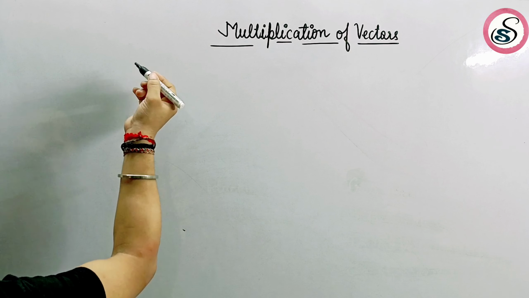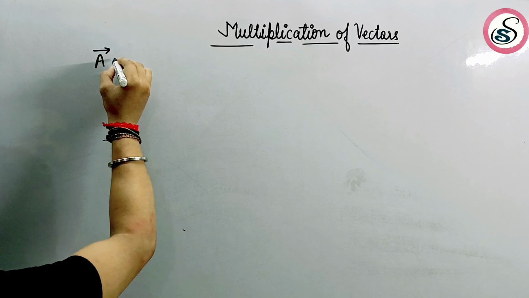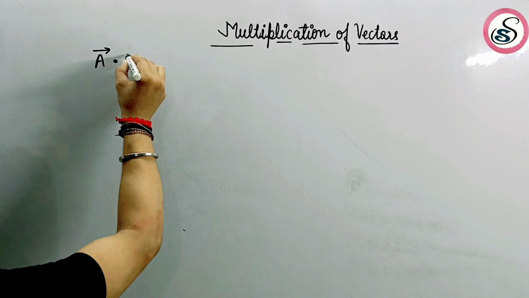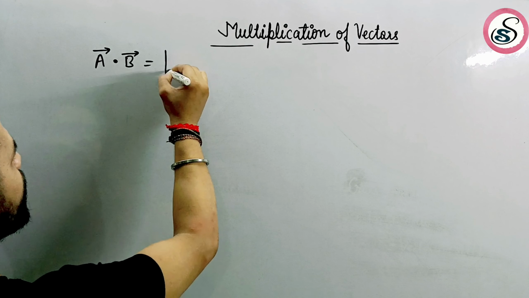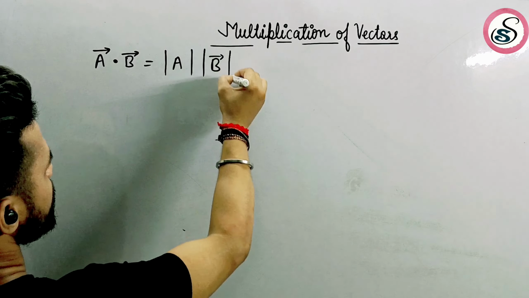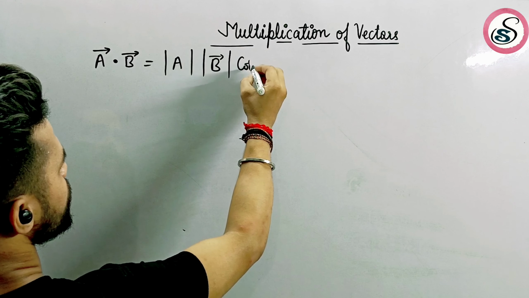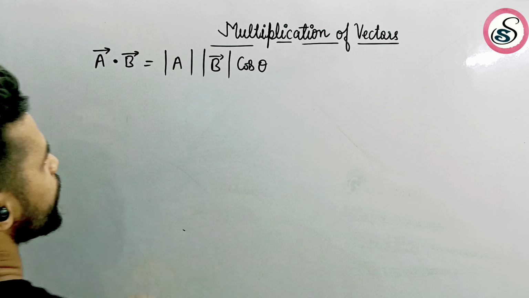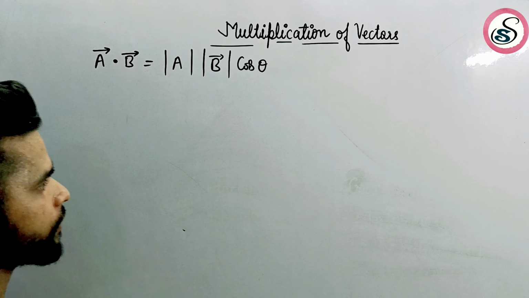As we know, the dot product of two vectors is represented by a vector dot b vector, and its formula is mod of a vector, mod of b vector, cos of theta, where theta is the angle between the two vectors a vector and b vector.